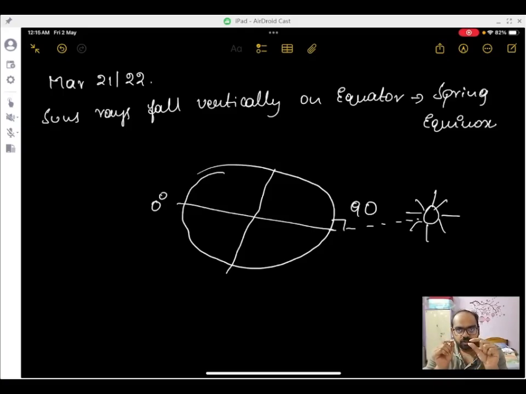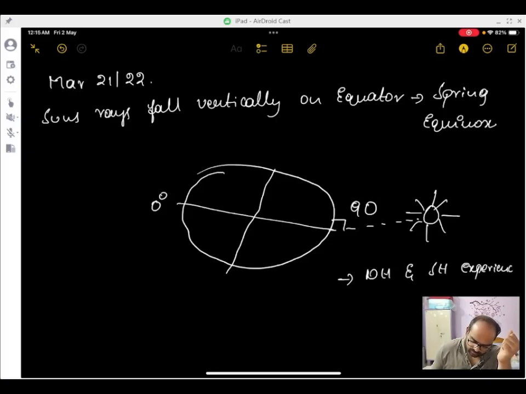The equator receives more sunlight during this equinox period. And another effect of equinox is that both the northern hemisphere and the southern hemisphere experience equal amounts of day and night.